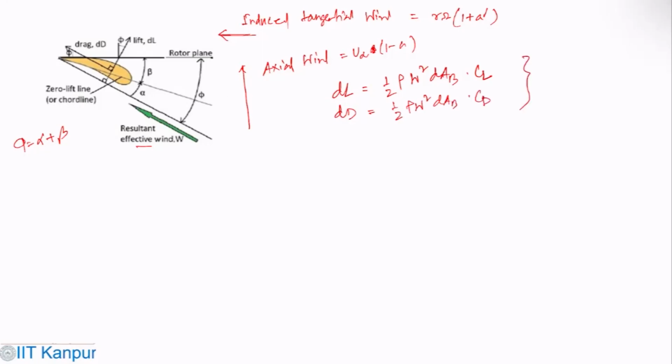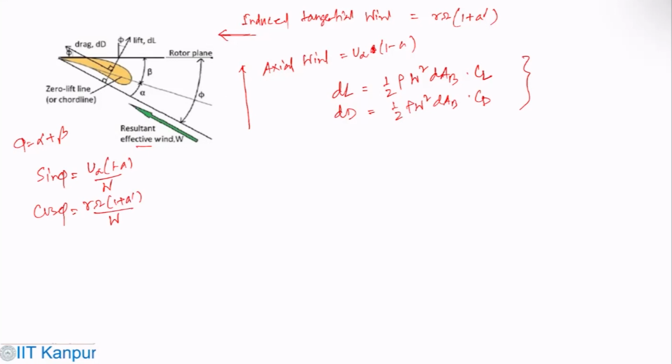Now here, sine phi is u infinity (1 minus a) by W, and cos phi is r omega (1 plus a prime) by W.